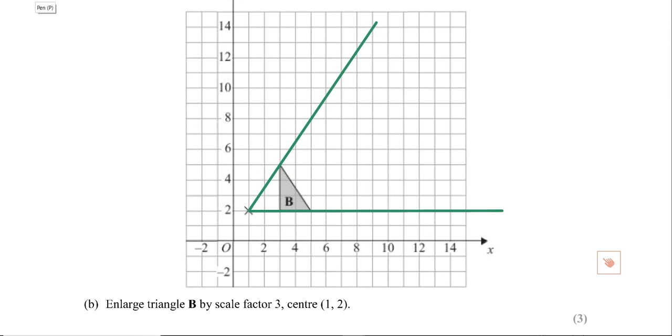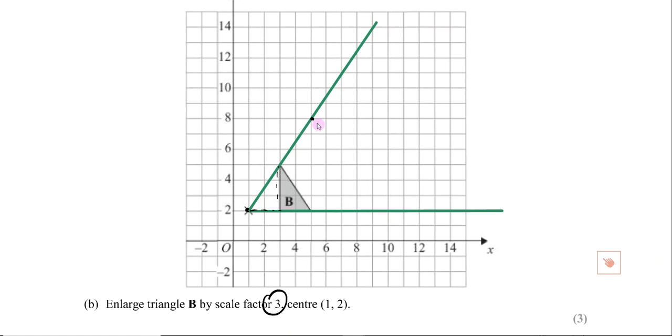I do find sometimes people make mistakes because they don't lay their ruler properly. So another way just to make sure is the distance from that point, remember I said that L shapes, it's 2 across and 3 up. So you do that 3 times. So go 2 across, 3 up, 2 across, 3 up.